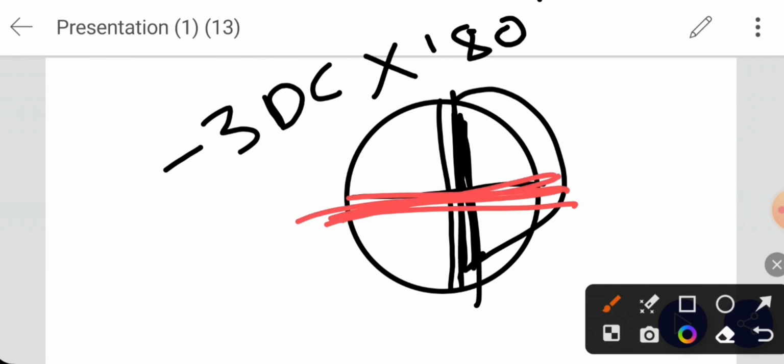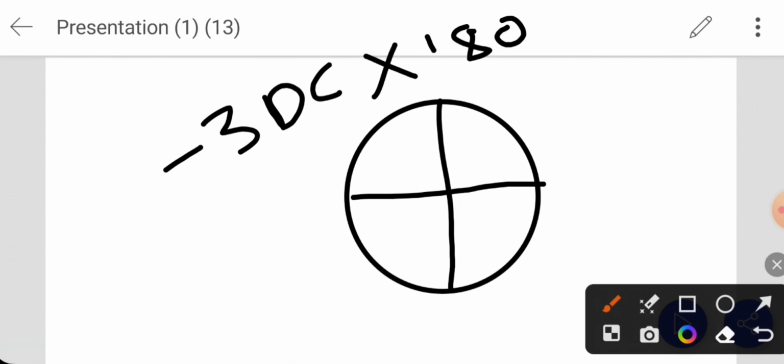You know very well that the cylindrical axis has no power, but the power is distributed to the opposite meridian, and the astigmatism gets corrected. This is how you correct a case of with the rule astigmatism.